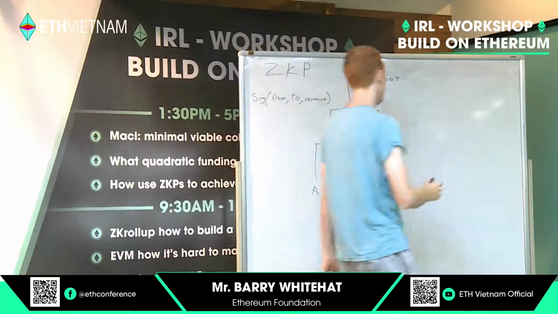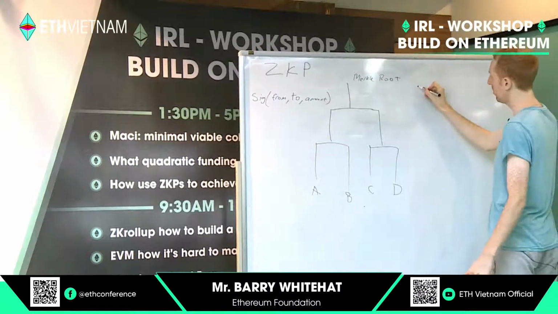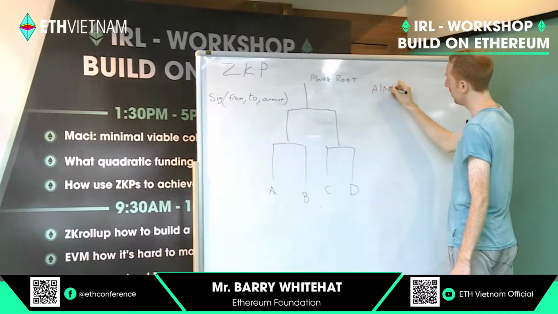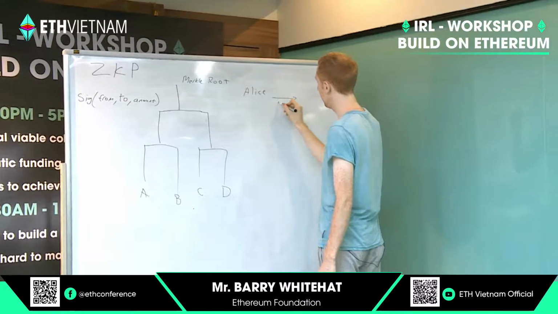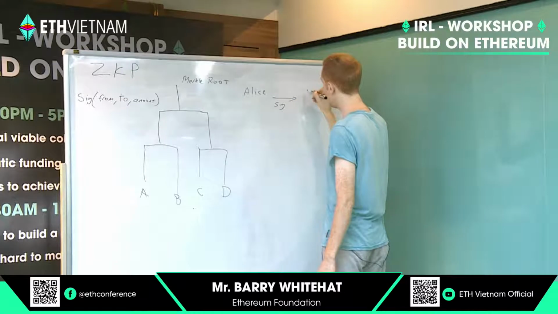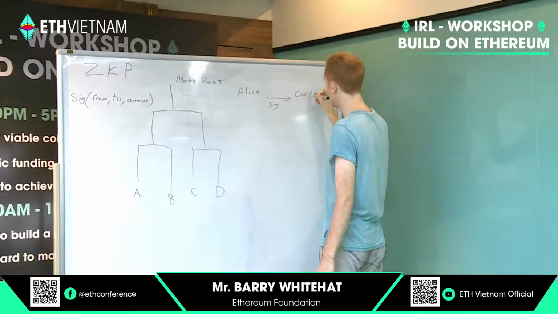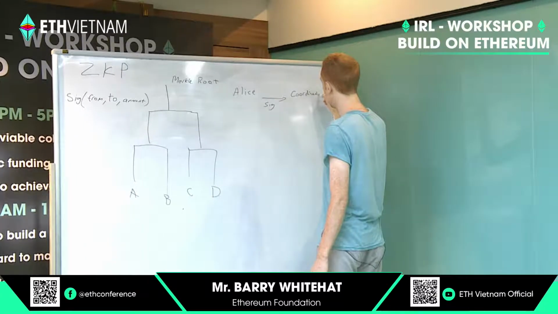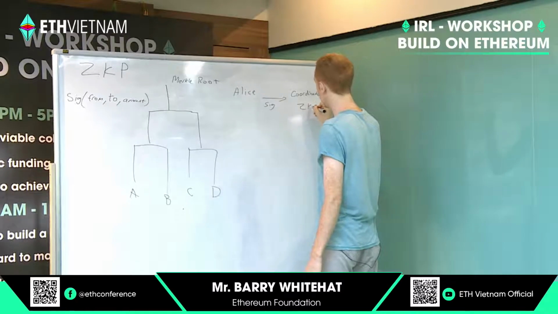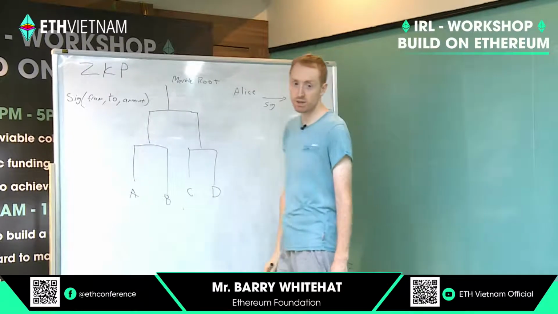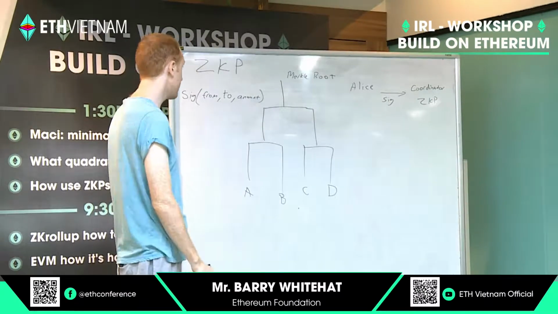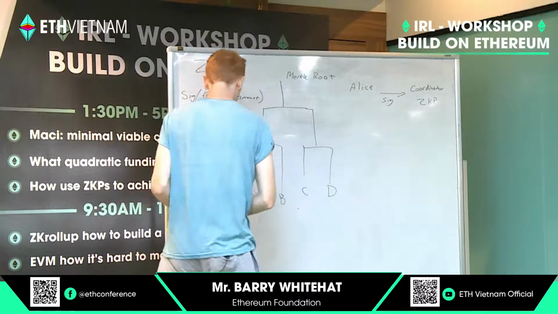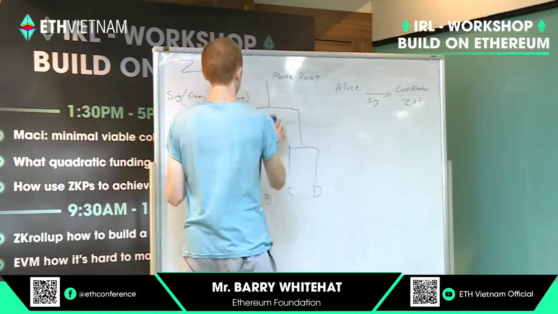So let me draw this. Alice sends a signature to our coordinator, who makes the ZKP. So what does the ZKP prove? Let me clean up a little bit here.